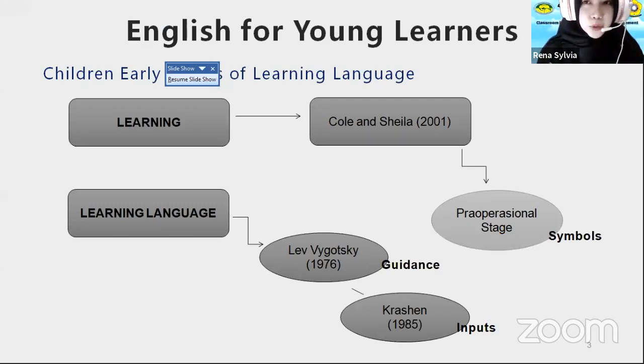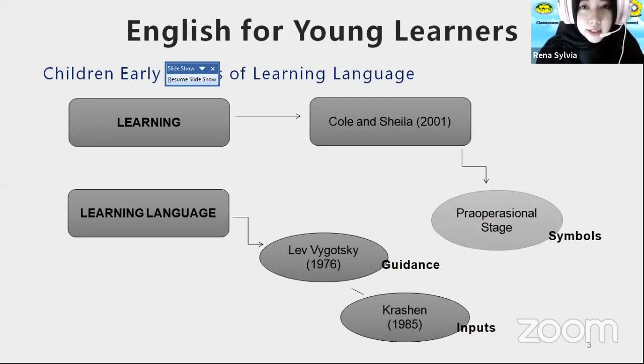The first thing I have to explain is about the children's early stage of learning language. Before we talk about learning language, we must focus on the learning itself, how the children learn something.